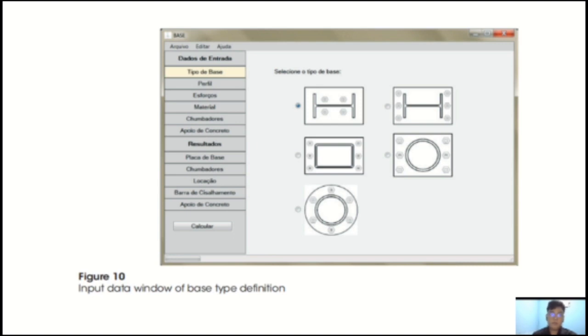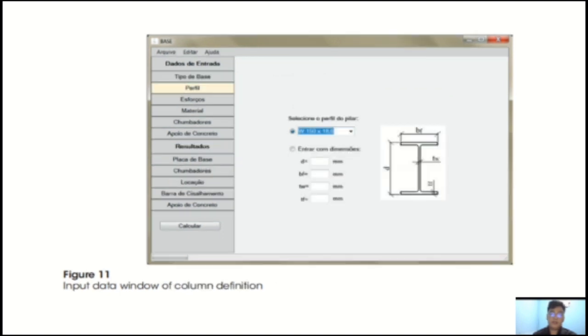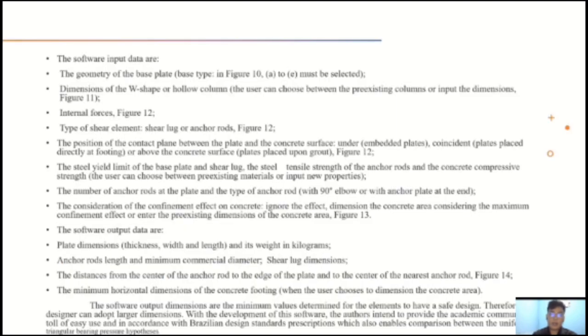So another part of the software, input the data window of column definition. Next, the software input data are the geometry of the base plate. Base type in figure 10, A to E must be selected.